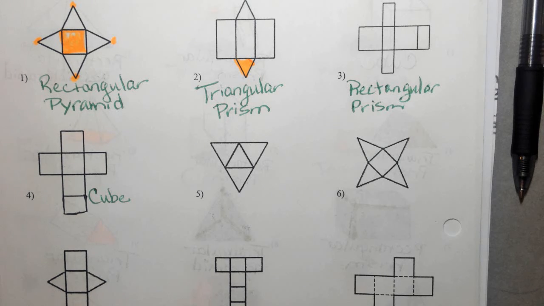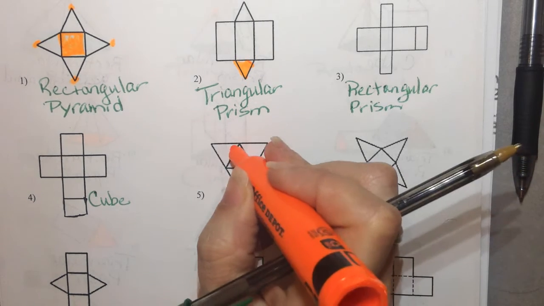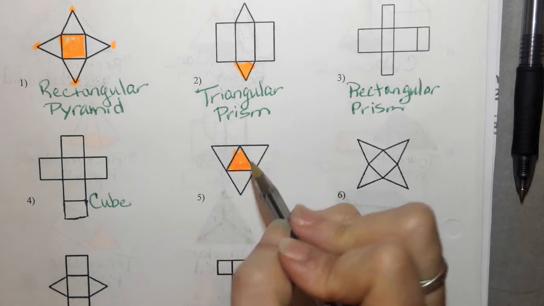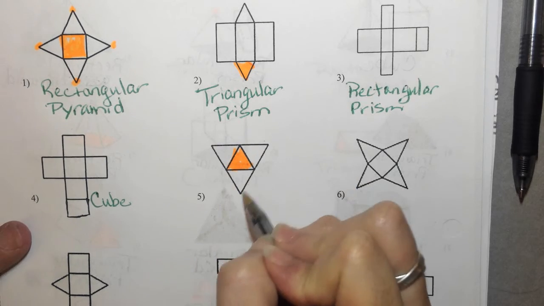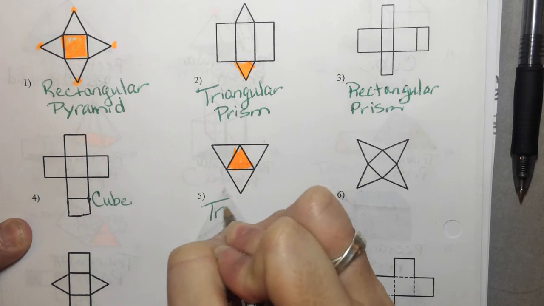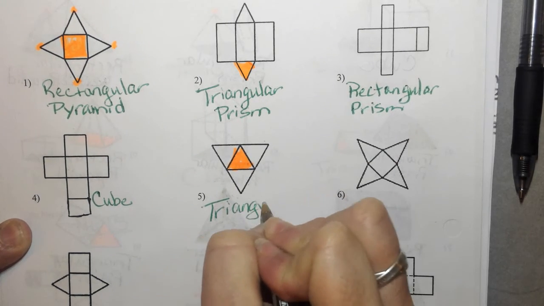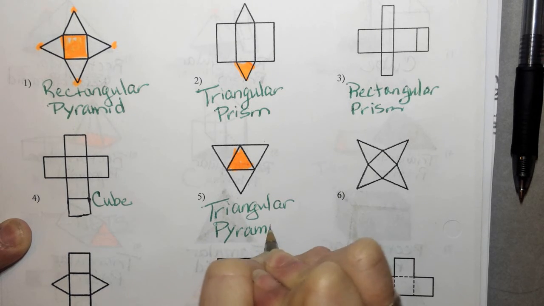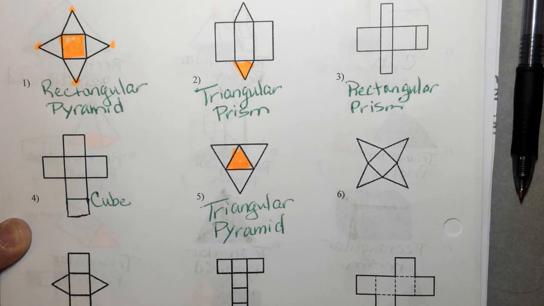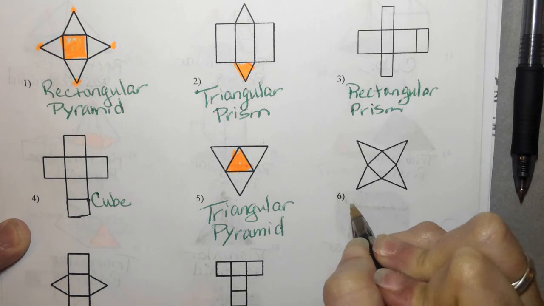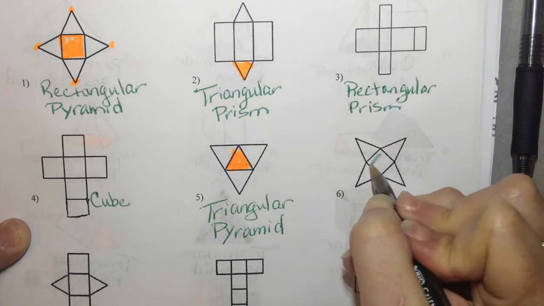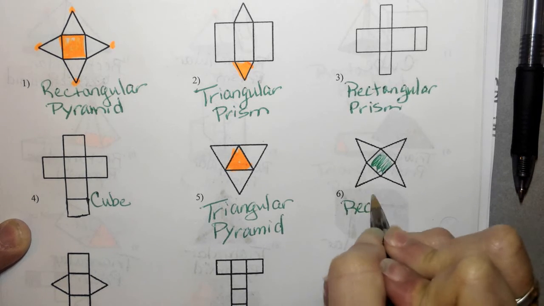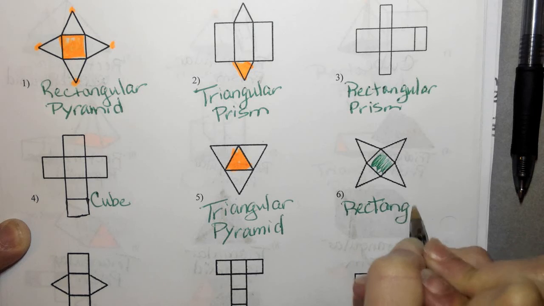Okay. Triangular. It's going to come to a point. Pyramid. Because this is kind of like the bottom, and then when you fold up these corners, I know the next one. It's going to be a rectangular pyramid.